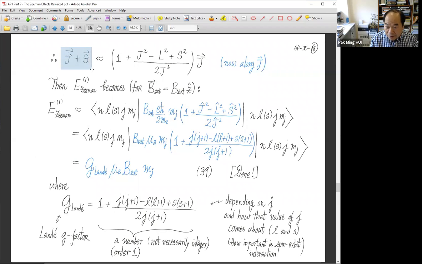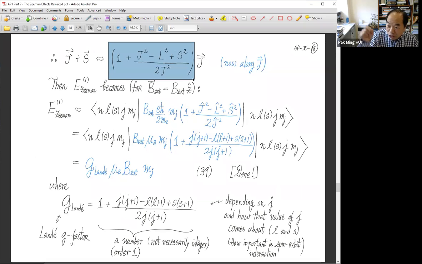J plus S, which is not in the direction of J, can be approximately brought into the direction of J by keeping just the component of S along J. And the result is a factor in front, J. This is a further approximation, okay? That will become our g factor, the g that we are willing to change, okay?